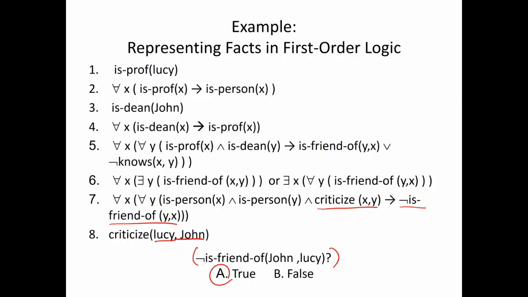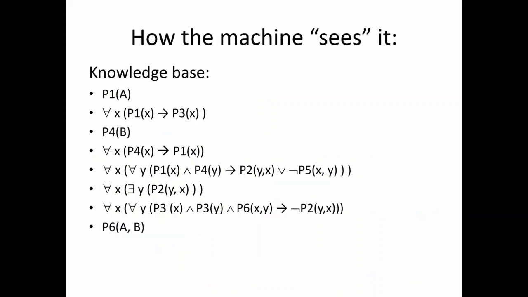So this is true. But notice that from the machine's perspective, these propositions do not need to be meaningful. So even if the proposition names were P1 through P6, like this, the machine will have no trouble making the inference.